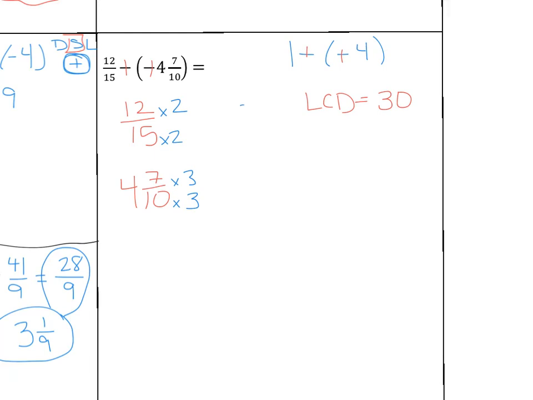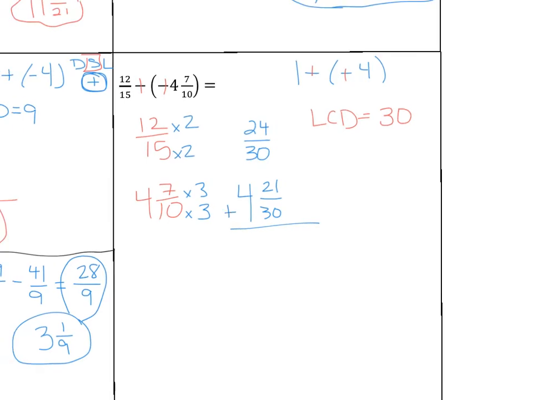Rewriting my entire problem, I get 24/30 plus 4 and 21/30. Add your fractional parts together first. So I am going to be adding 24 plus 21, which gives you 45/30. 4 plus 0 is 4.